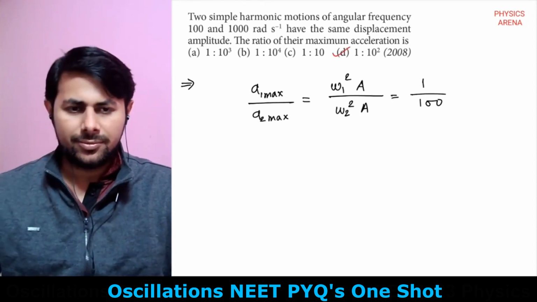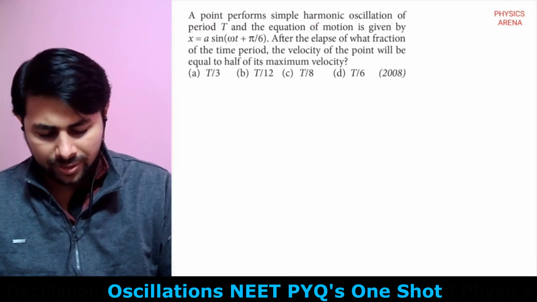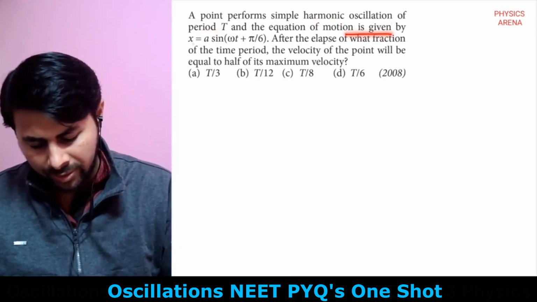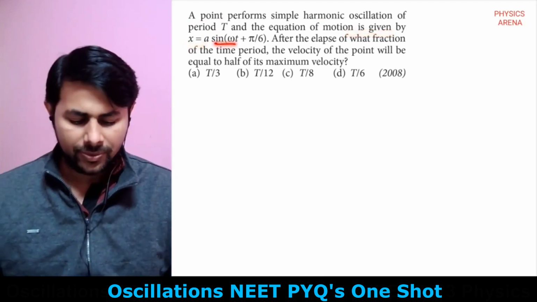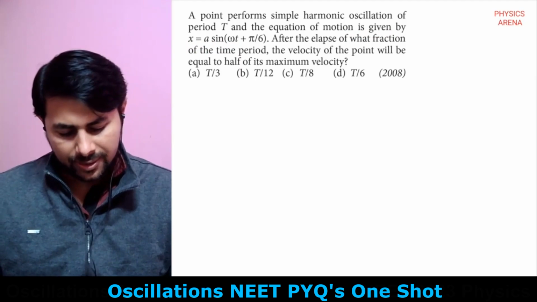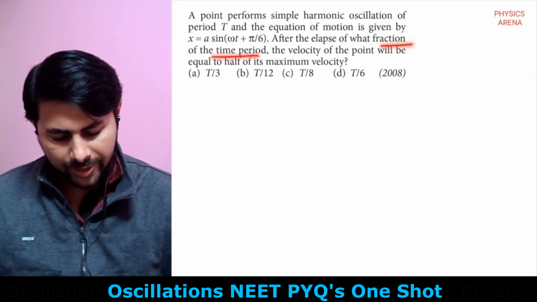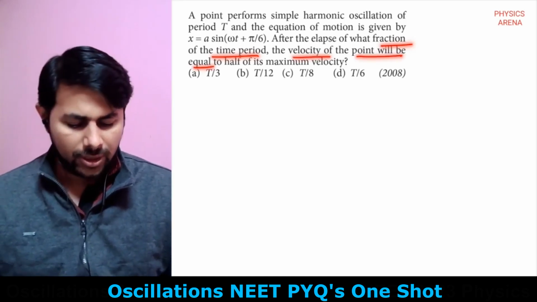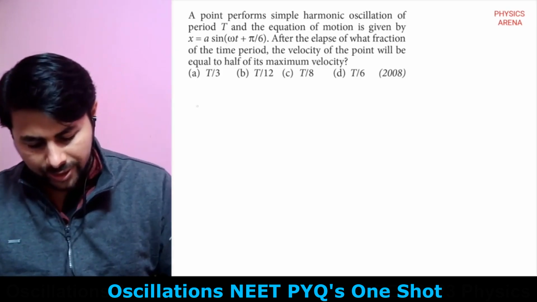Option D. A point performs simple harmonic oscillation of period T, and the equation of motion is given by x equals a sine of omega t plus pi by 6. After the elapse of what fraction of the time period will the velocity of the point be equal to half of its maximum velocity? This is a simple question.